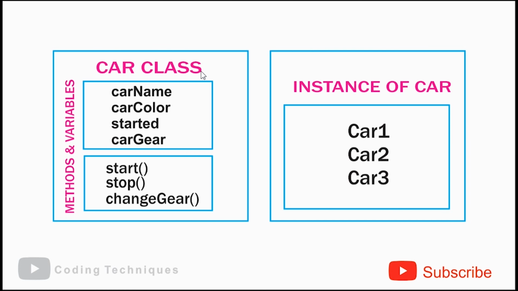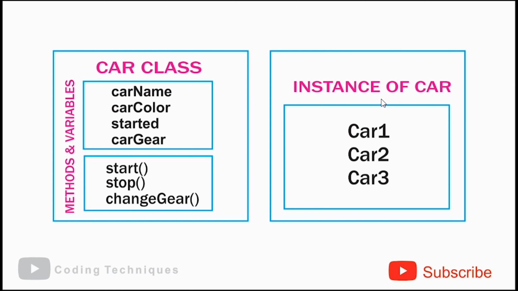This is a car class, which includes car name, car color, whether it is started or not, and car gear, and we have methods that operate on these variables, including start, stop, and change gear. And here are the instances of a car: 3 instances, car 1, car 2, and car 3.